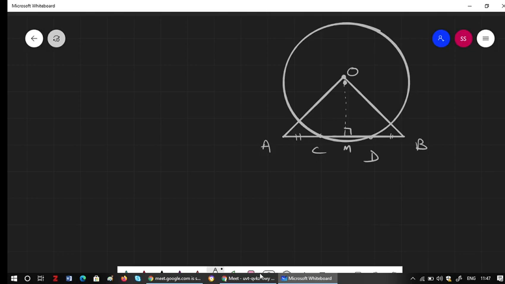The same question, 7a number question. Yes, I have already proved. Now I am repeating it by another method. In the construction part, if we have drawn the perpendicular OM to this chord CD, then CM equals MD, that is, the perpendicular drawn from center to chord bisects the chord.